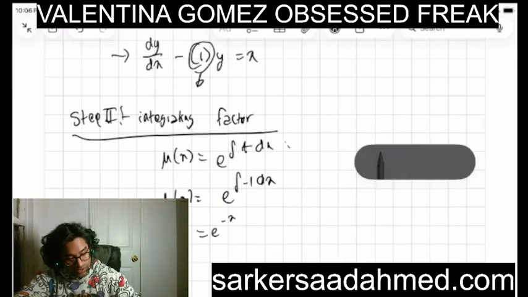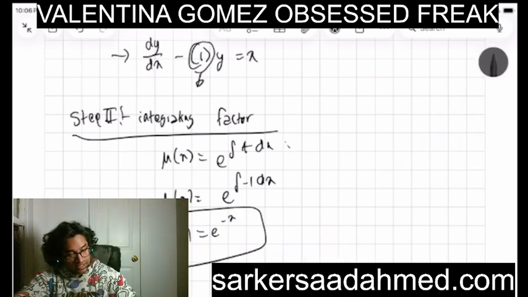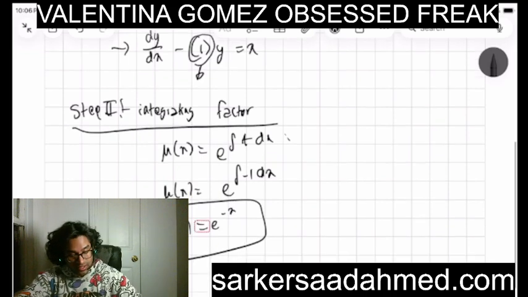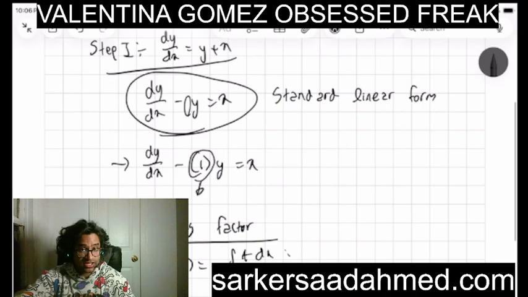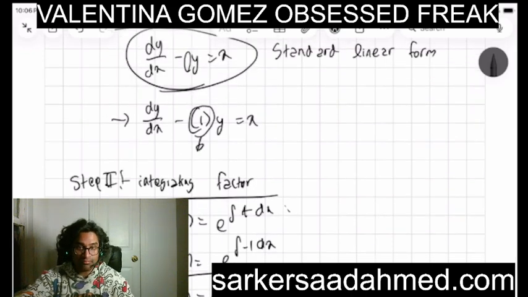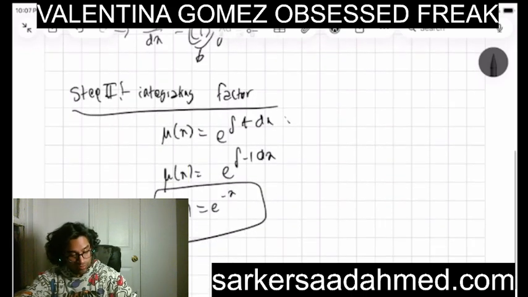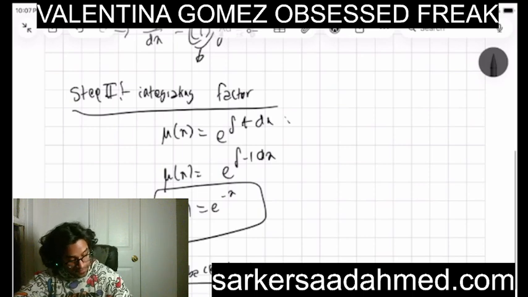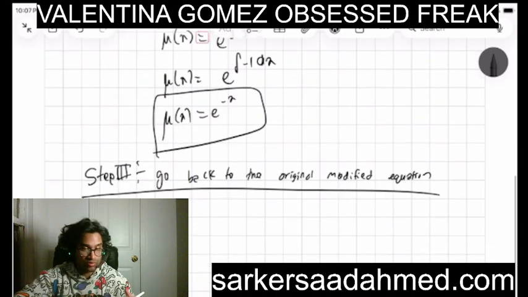So now what do we know? We know that mu of x is e to the power minus x. Step 3, let's go back to the original equation: dy by dx minus y is equal to x.